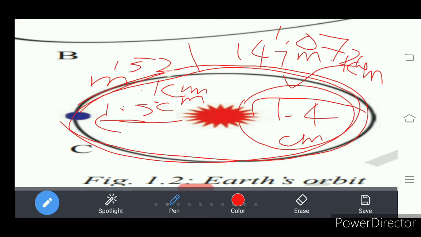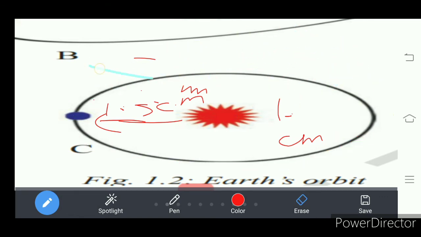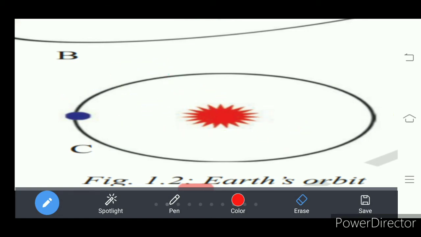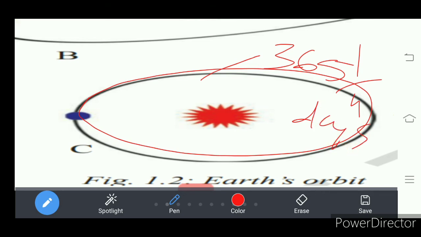our earth completes one revolution, sorry, not one rotation, one revolution around the sun. For that it takes 365 and 1 by 4 days, almost a year.